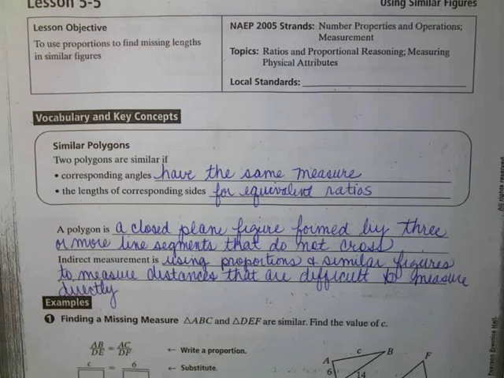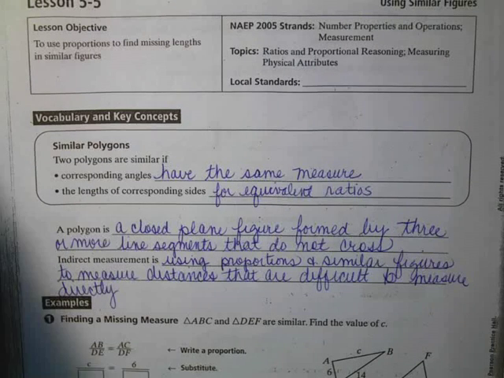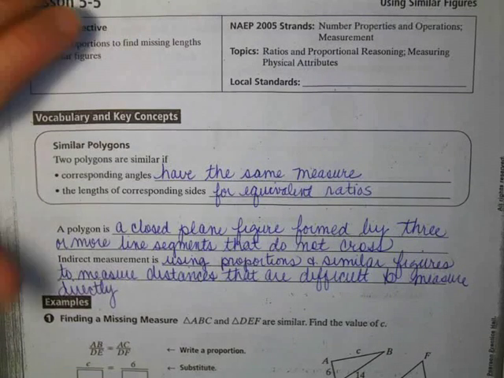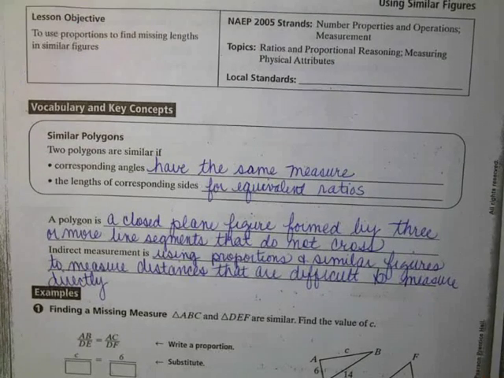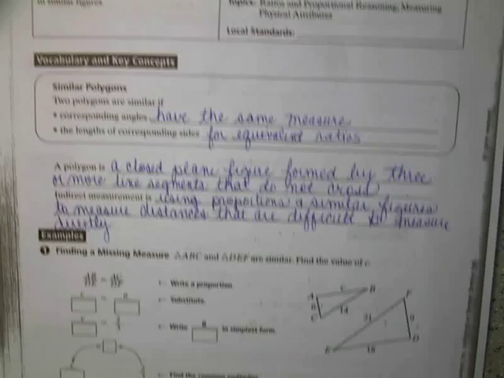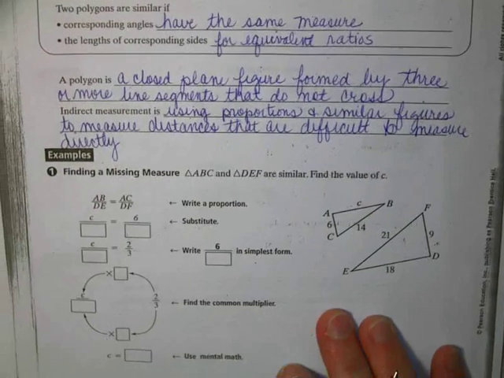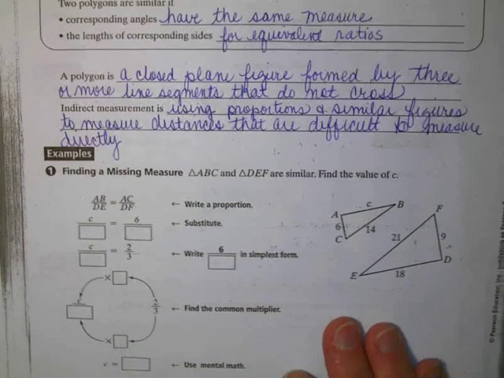Okay, so this might be the distance across a pond or the height of a tree or something like that, where we can find something smaller, easier to measure, and compare that to a larger similar figure, and we can go from there and use that idea to find missing parts.